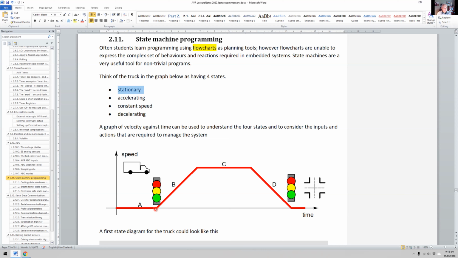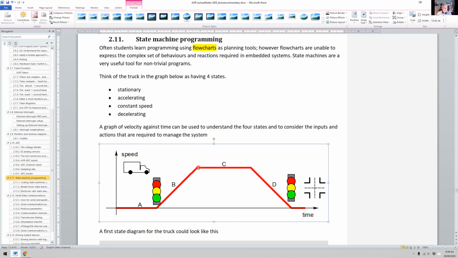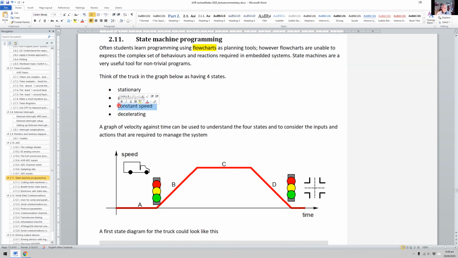Now, the light turns green at this point in time, and the truck starts to accelerate away. So at this state, it is accelerating, okay? It's increasing speed, so it's now in this state, that's state B, okay? So now it gets to the speed limit, and it changes to a constant speed state, okay? So that's its steady speed, it's got a constant velocity.